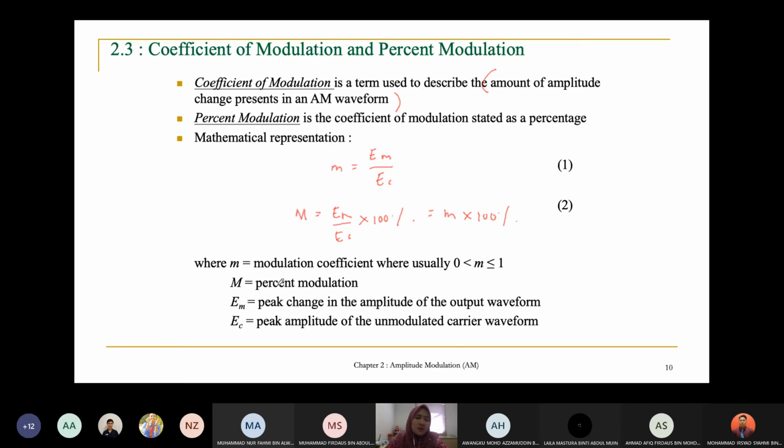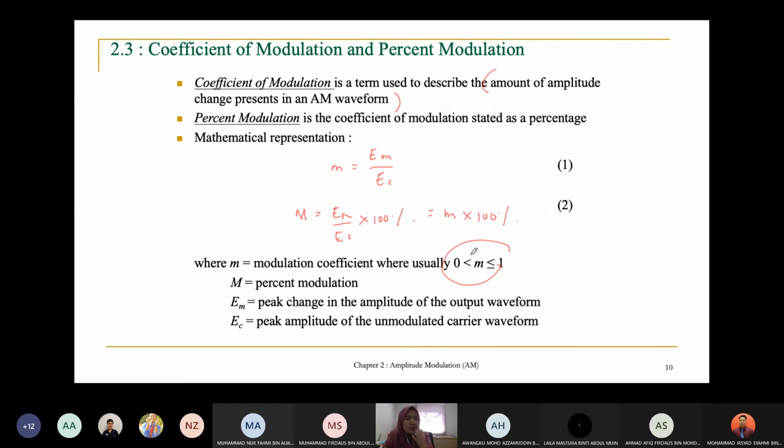And you need to know that the modulation coefficient varies from 0 to 1. So the value for small m is from 0 to 1. If for example you calculate and get a value more than 1, maybe 3, it means that your answer is actually wrong.